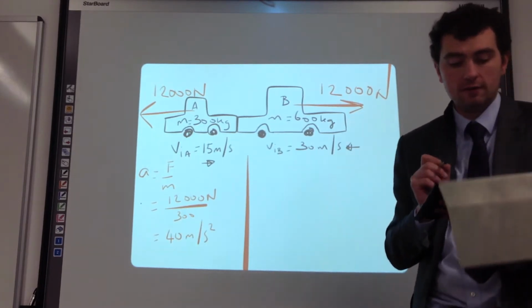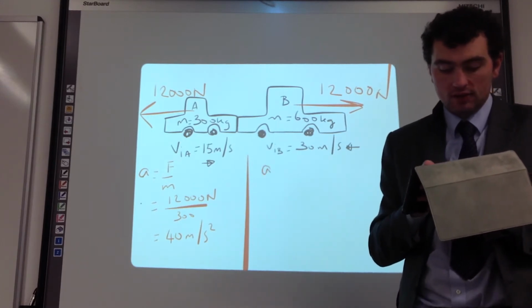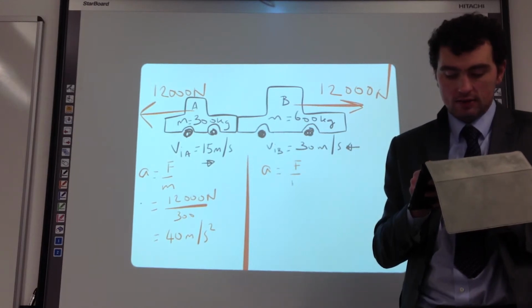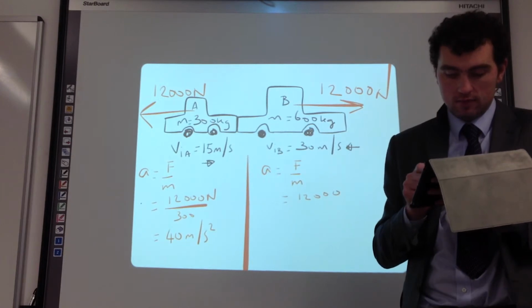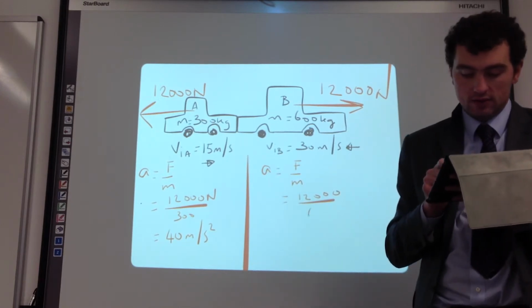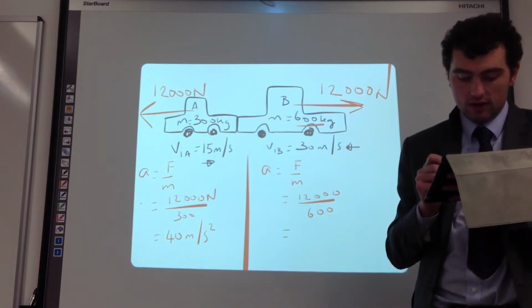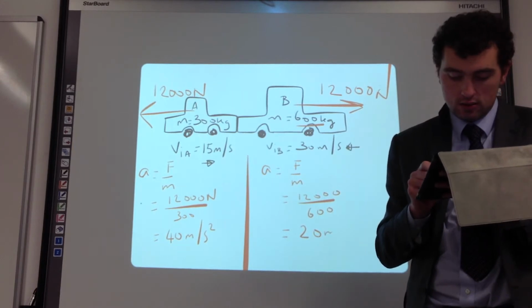Wow, an unbelievable acceleration. And the acceleration of body B is just going to be the force divided by the mass, which is 12,000 divided by the mass, and body B has got a mass of 600, so that's going to generate an acceleration of 20 meters per second squared.